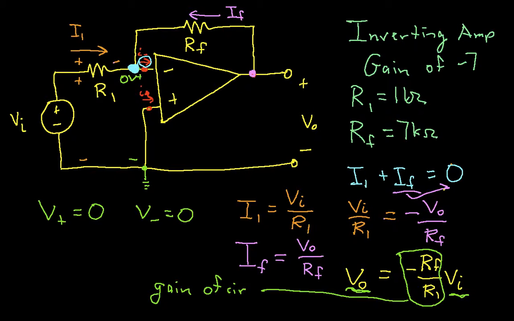Now, one question you might have is, how do we actually choose a value of R1? Since once we choose R1, then RF will be specified. We typically do that by looking at the typical ranges of the input voltage, looking at the specifications of our op-amp to see how much current it can source, and looking at how much current we're willing to let flow back through RF, because that's a power drain, and so on.